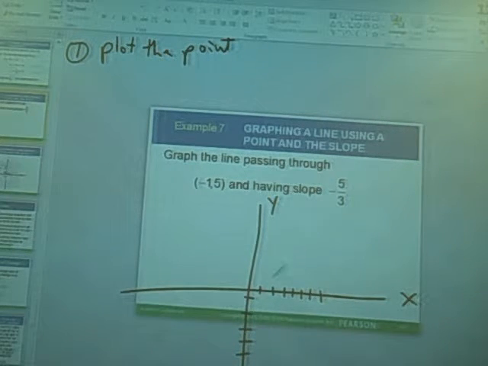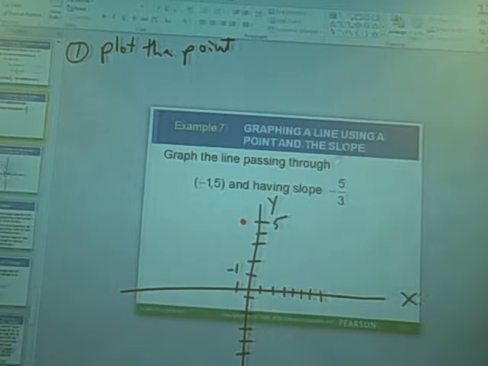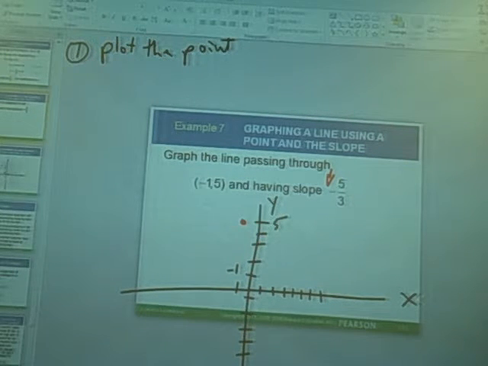Okay, so here x is -1, y is 1, 2, 3, 4, 5. So here's -1, 5. Plot that point.